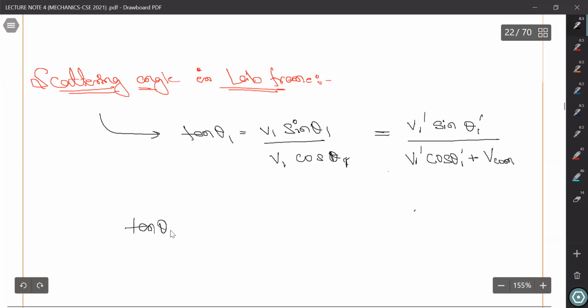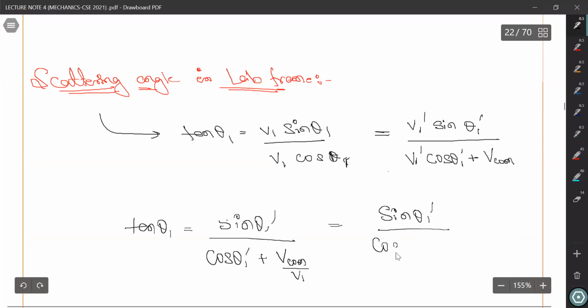tan theta 1 is equal to sine theta 1 dash upon cos theta 1 dash plus v center of mass upon v1. And we know that v center of mass upon v1 is equal to m1 by m2.